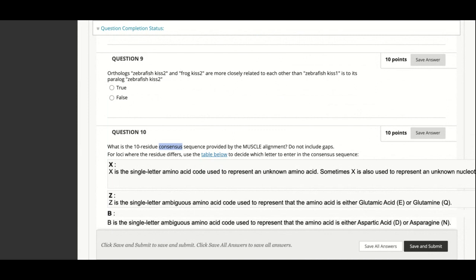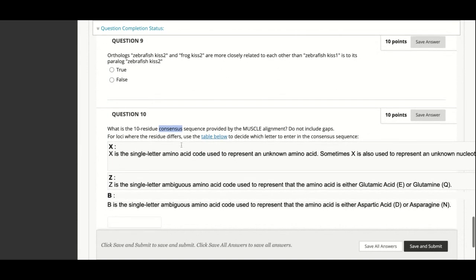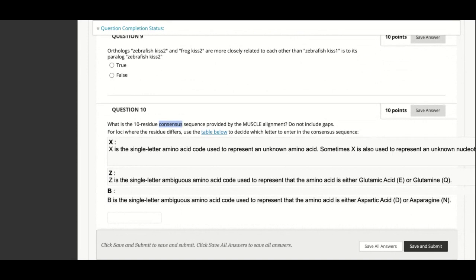So when we're looking for a consensus sequence, we are doing an alignment and checking in which parts of this protein there is conservation of amino acids. And because they don't agree 100%, when we look at the alignment, we cannot find a 10 residue consensus, meaning we cannot find 10 amino acids that agree in all the positions.